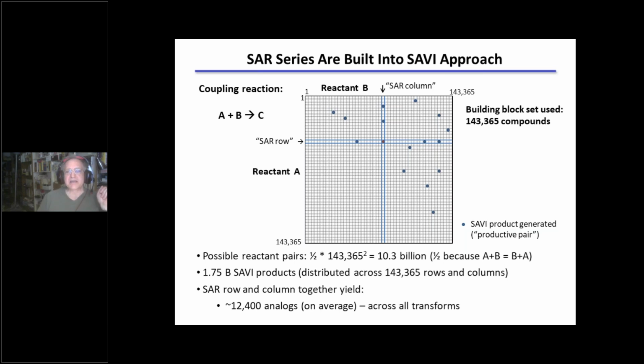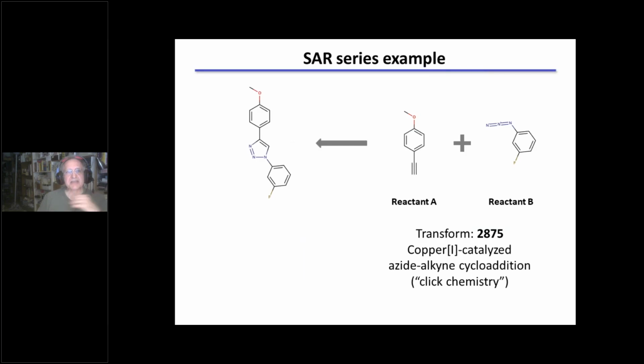So let's say you find a molecule that's active, okay, and this is just one example here. This is the click chemistry that we implemented, and you say, okay, this is reactant A and reactant B gave that molecule. What are analogs of it?